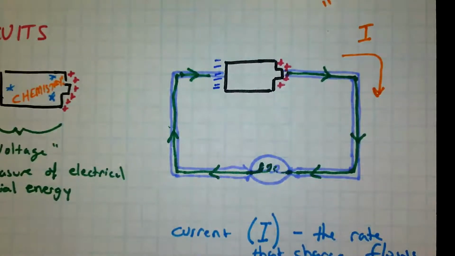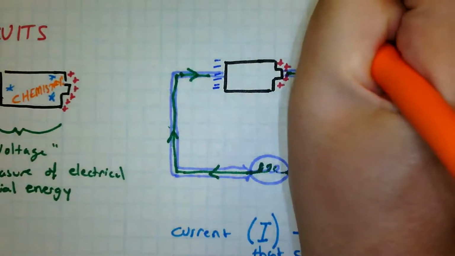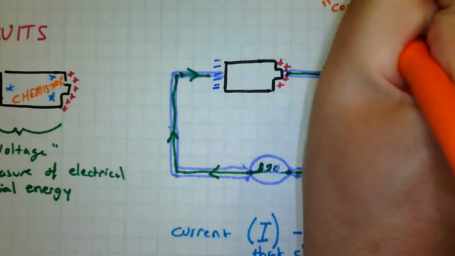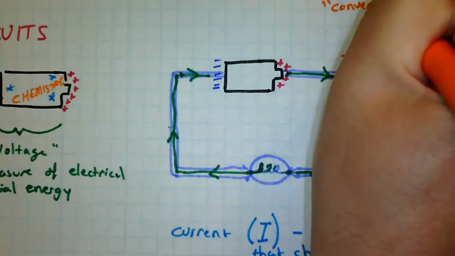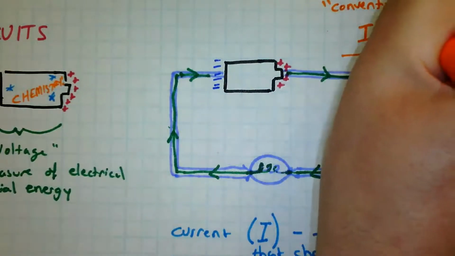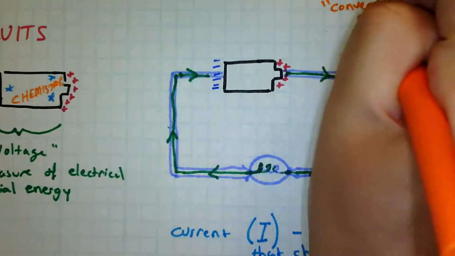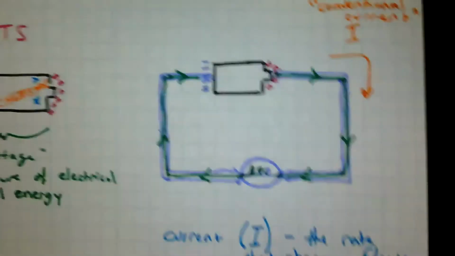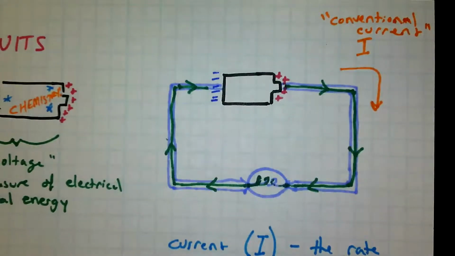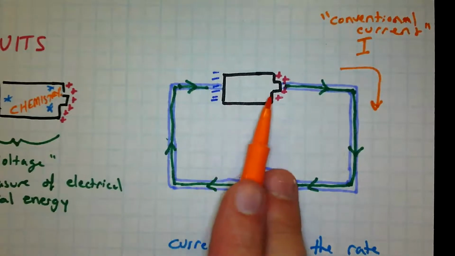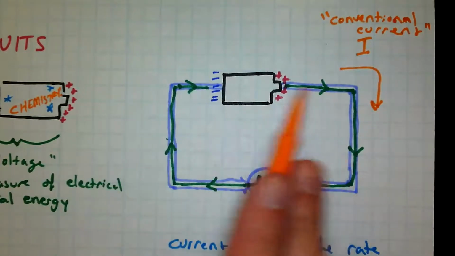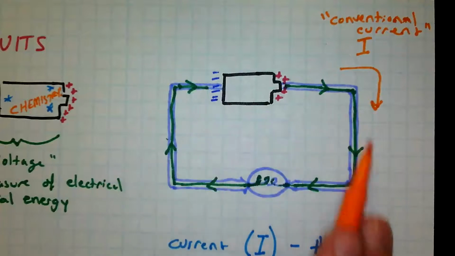By convention, this is the current we have. We talk about conventional current as what the positives are going to do, just like we've talked about everything else in the conventional model. So conventional current moves from positive to negative.